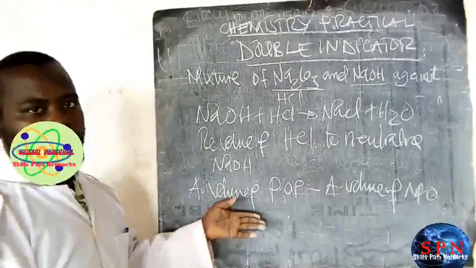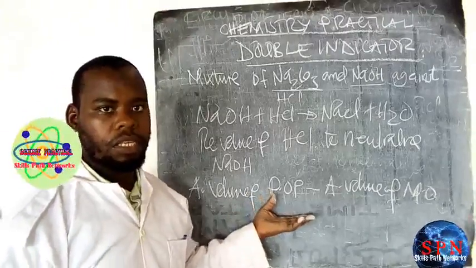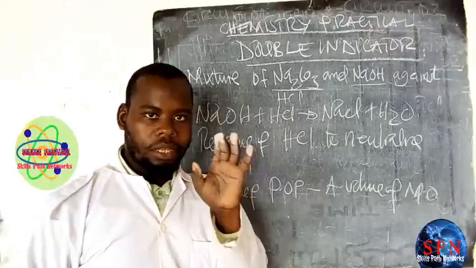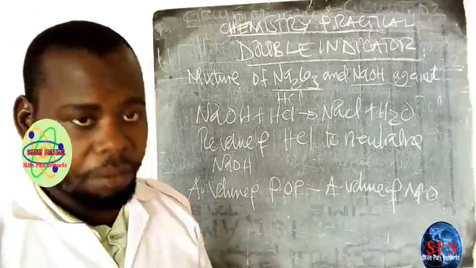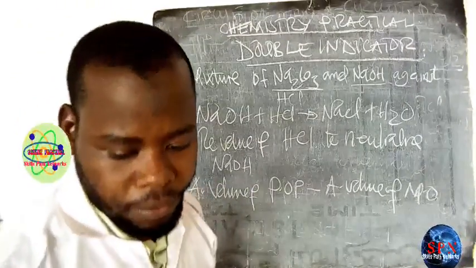That is our formula for getting the volume of hydrochloric acid to neutralize sodium hydroxide. Let's see an example of this.